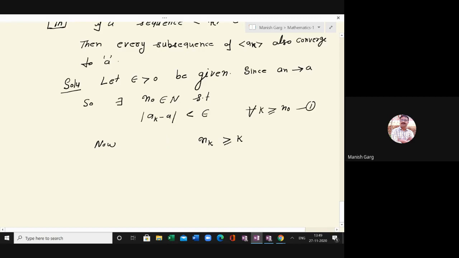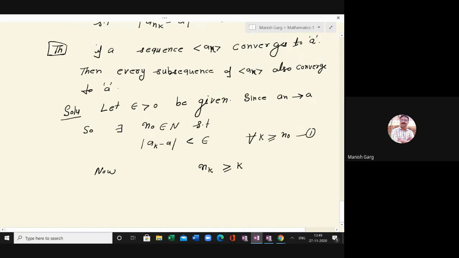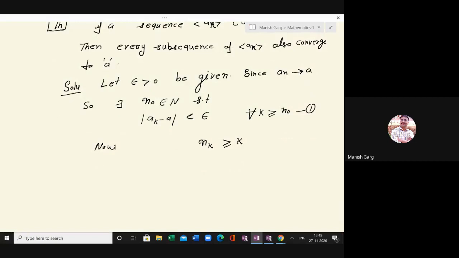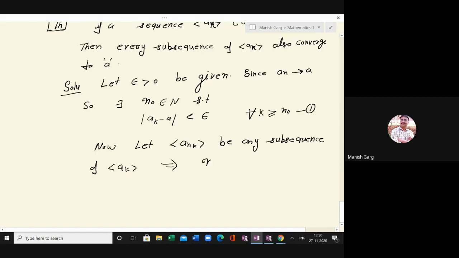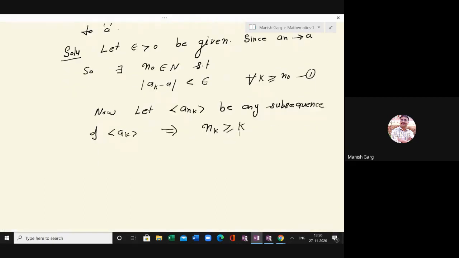I didn't assume any subsequence, so first I assume a sequence. Now let a_{n_k} be any subsequence of a_k. If this is a subsequence, then n_k will be greater than or equal to k. That's why I changed this k or n.